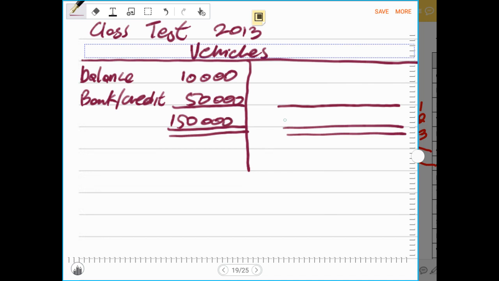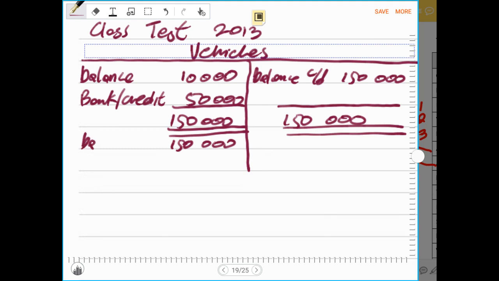The bigger side is obviously 150,000 rands, being the debit side. Then after, we write that as a balance carried down on the credit side, 150,000 rands, and 150,000 rands being the balance brought down.